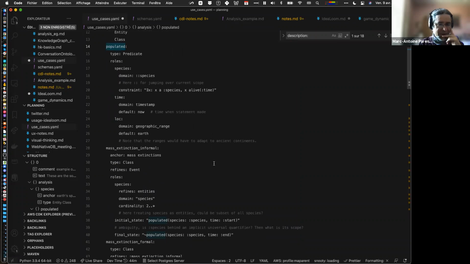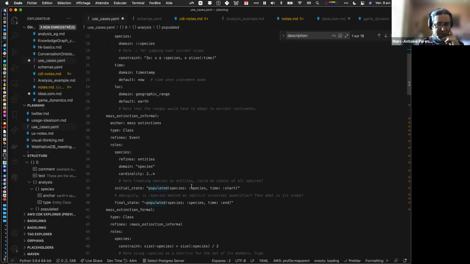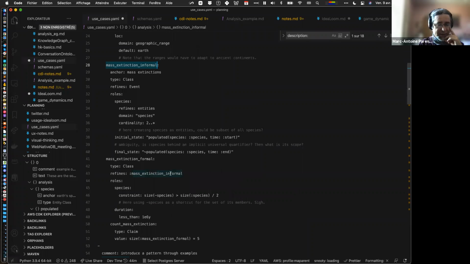Mass extinction. We've got a species which was populated, and it's an event. The event has a start time and an end time, and the species was populated at the start and not at the end. So that's an informal definition of mass extinction. There's at least two species. And here's a more formal definition, a refinement of the informal one.